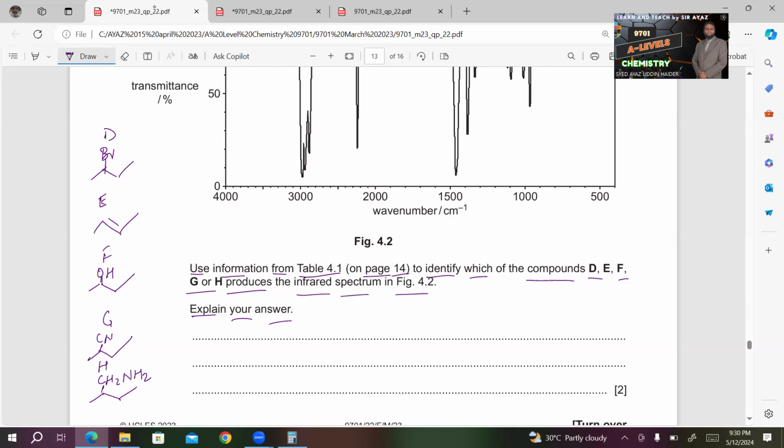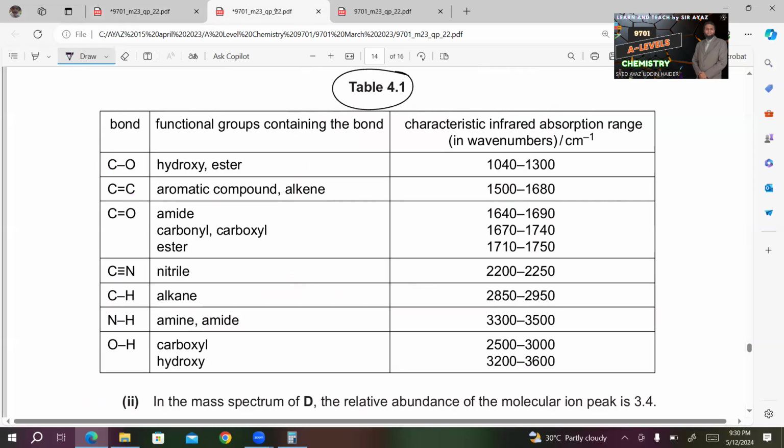We don't have a peak for the bromide. We have alkene, hydroxy, nitrile, amine, and alkanes. So we have the possibility of these.